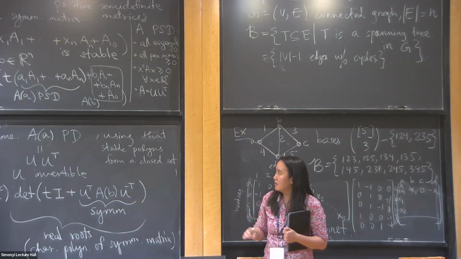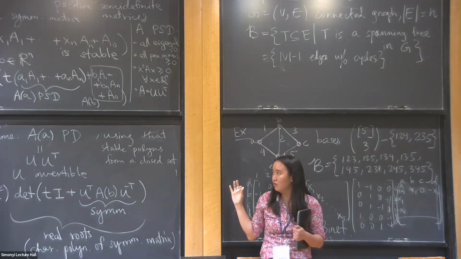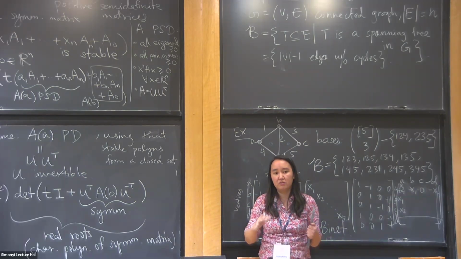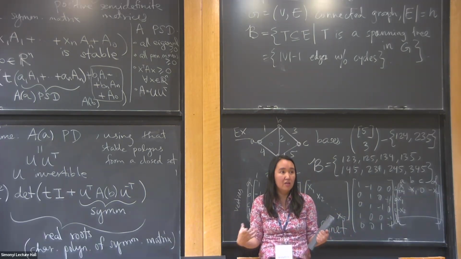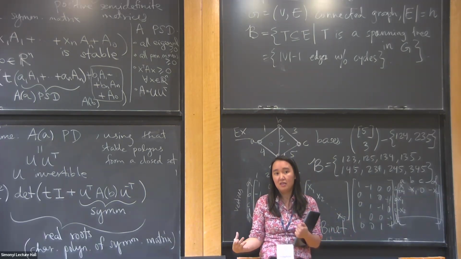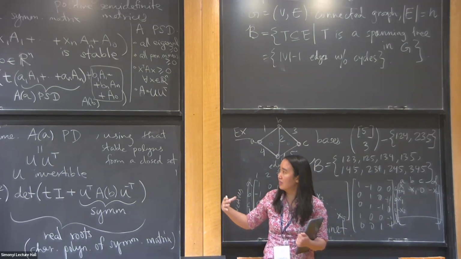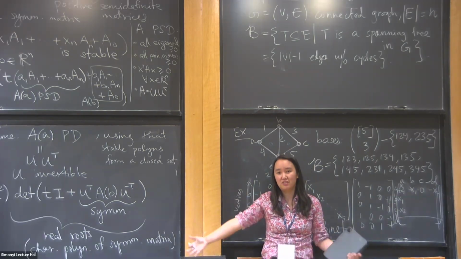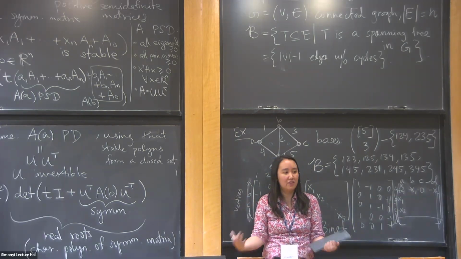Next lecture, we're going to move on from stable polynomials to a bigger class of polynomials called Lorentzian polynomials, or strongly log-concave, completely log-concave polynomials, that still have the nice properties, so that the generating polynomials of all matroids will satisfy those conditions.